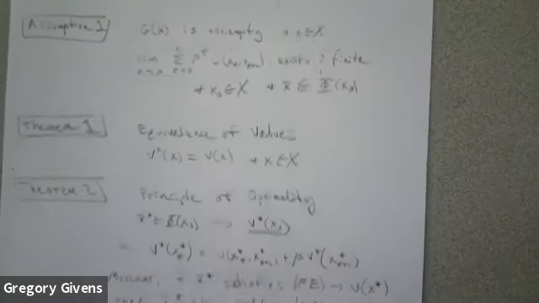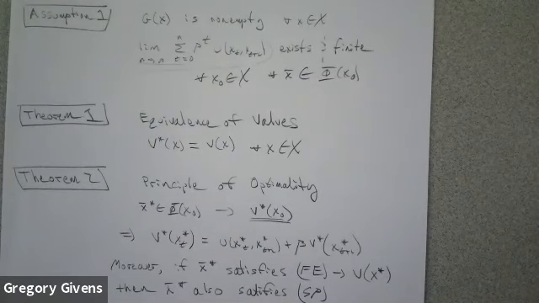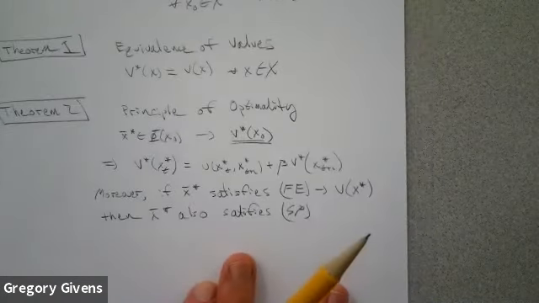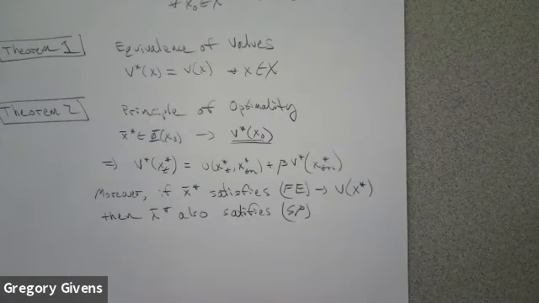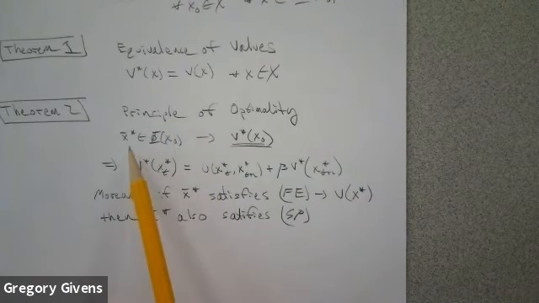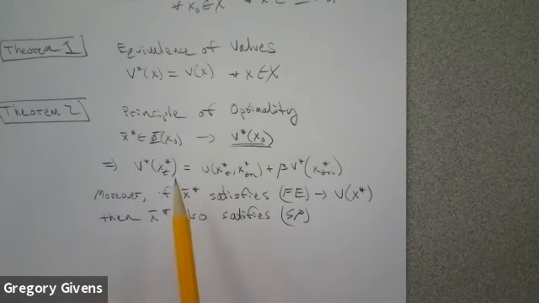Now let me stop here and carefully explain what this is saying. This theorem states that the value of pursuing an optimal plan, let's call that optimal plan X bar star, of the sequence problem can be broken into two components.